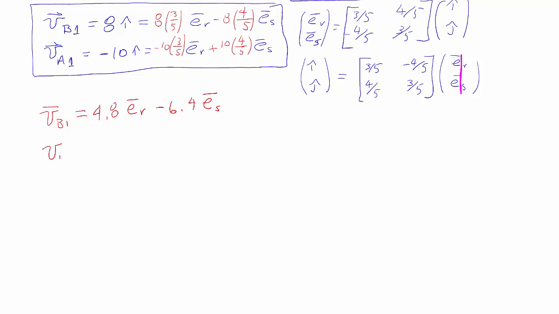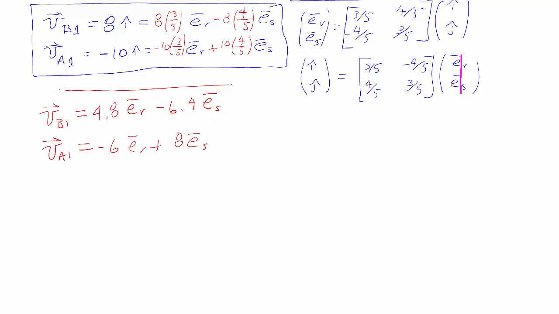And then velocity A initial will be nothing more than, okay, 10 of that's 2, that's minus 6. So 10 divided by 5 gives me 2, times 3 gives me 6 in the R direction. And then plus, same thing here, except I end up with a 4. 10 divided by 5 gives me 2, times 4 is 8 in the S direction.